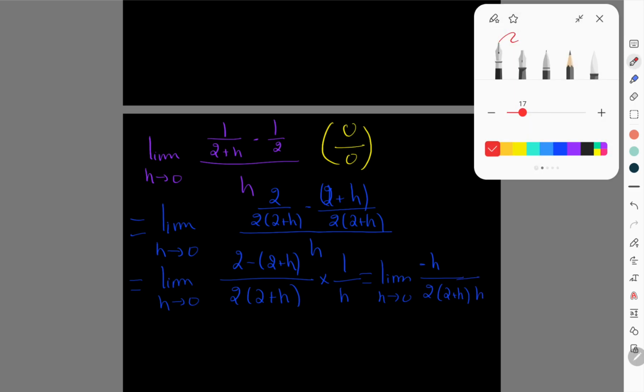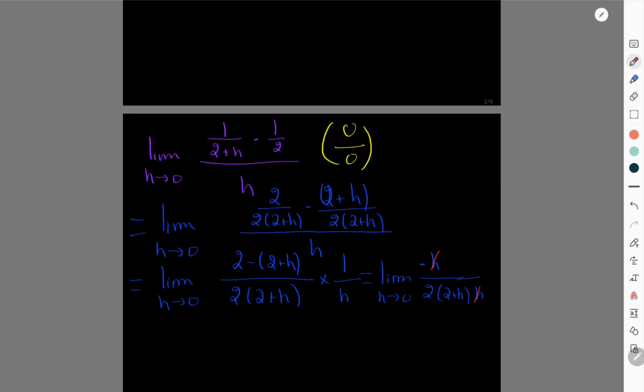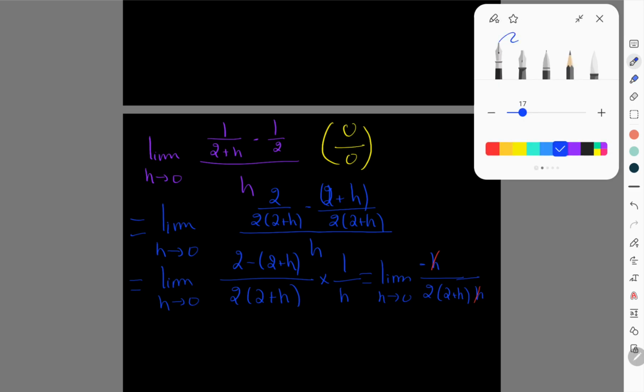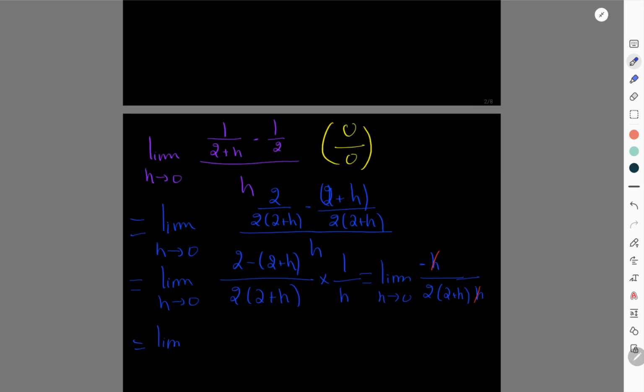I can cancel the h's out. I'm left with minus 1 on the top, over 2 times 2 plus h. And that limit can be evaluated by substituting h equal to 0. So it's minus 1 over 2 times 2 plus 0, which is minus 1 over 4.